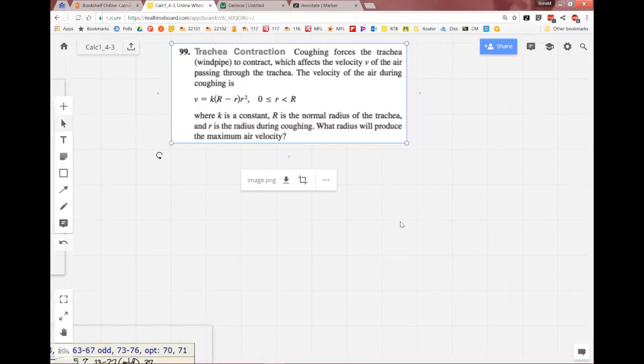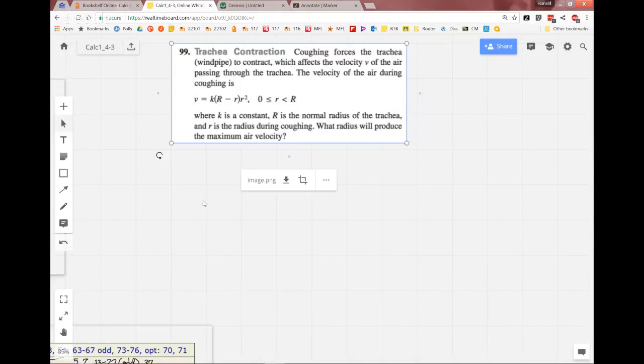Okay, so let's see what we got here. Coughing forces the trachea to contract, which affects the velocity of the air passing through the trachea. The velocity of the air during coughing is, and then we've got this equation where r is greater than or equal to 0 and less than or equal to capital R. Capital R is the normal radius of the trachea, k is a constant, and r is the radius during coughing. What radius will produce the maximum air velocity?